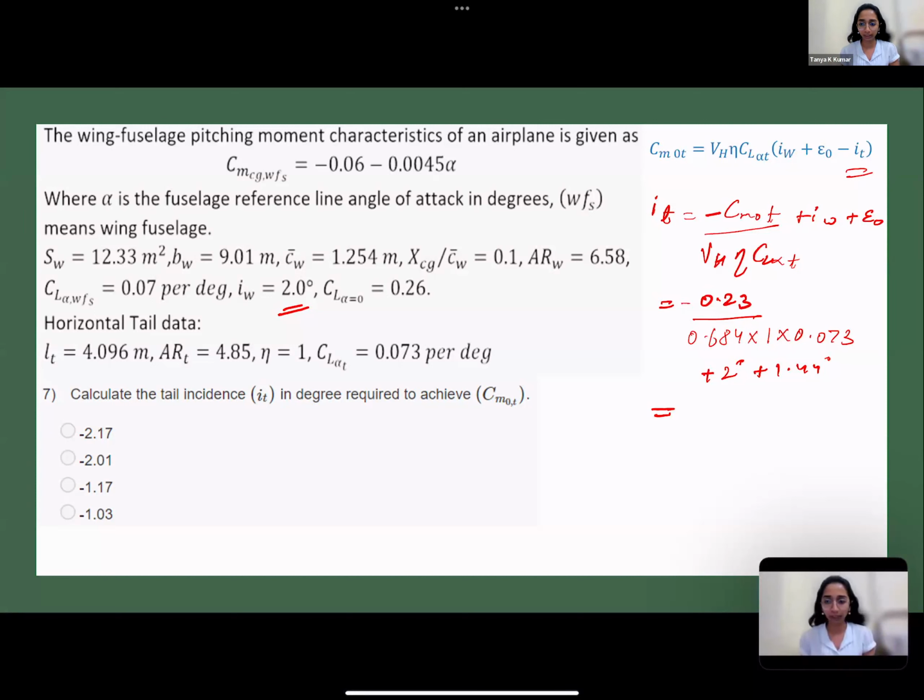So I'm getting something around minus 1.17. Do correct me if I'm wrong. I don't think it's wrong. Minus 1.17 degrees. You can all go and look at your previous answers and tell me. It's okay if it's wrong. It's not an exam. Let's go to the next question.